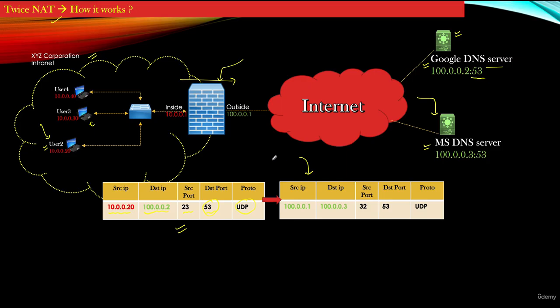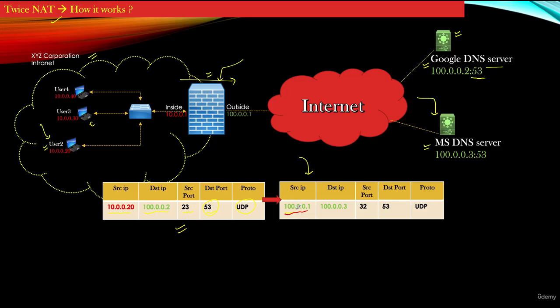Let us assume that the administrator has installed the network address translation rule on its firewall. Now what are those rules? In terms of configuration, we are going to look into that later, but let us first understand the concept. Now you can see that the source IP address has been converted from private IP address 10.0.0.20 to public IP address 100.0.0.1.